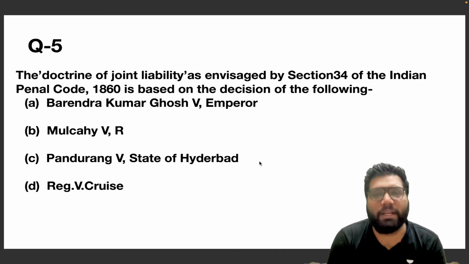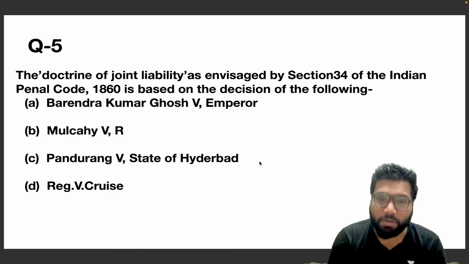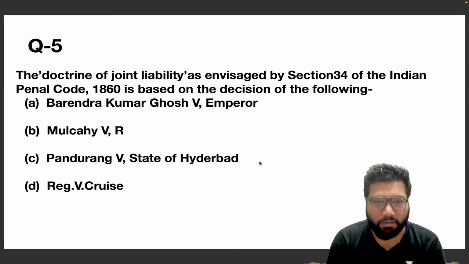The doctrine of joint liability as envisaged by section 34 of the Indian Penal Code 1860 is based on the decision of the following.